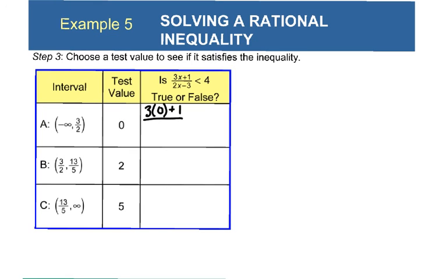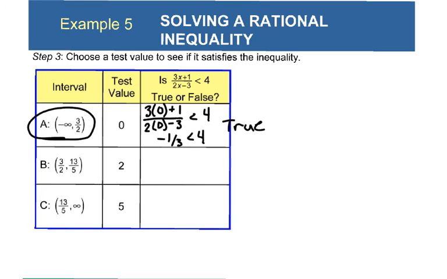Looks like we're going to get -1/3. But I'm going to write it out. Okay, so yeah, we get -1/3 is less than 4. Well, that is a true statement. So far our solution includes this, right, the values for our inequality. That's included.